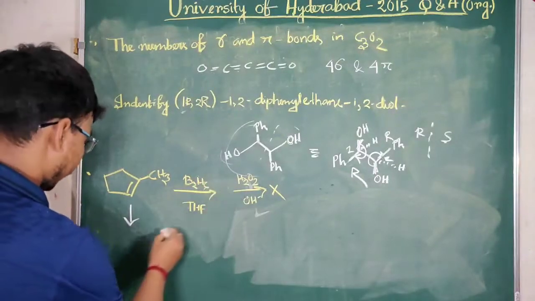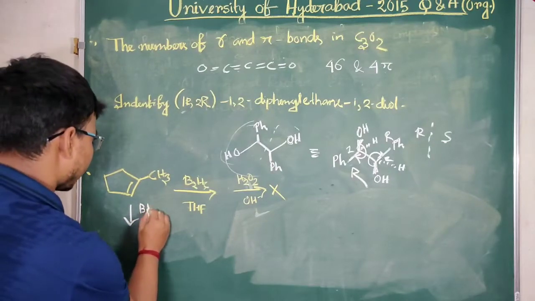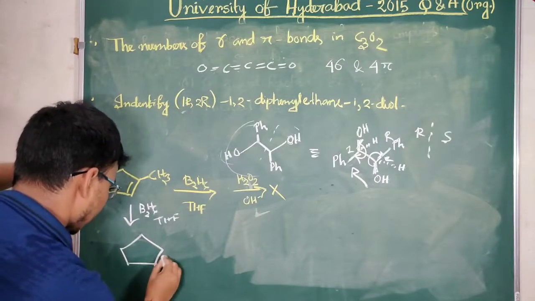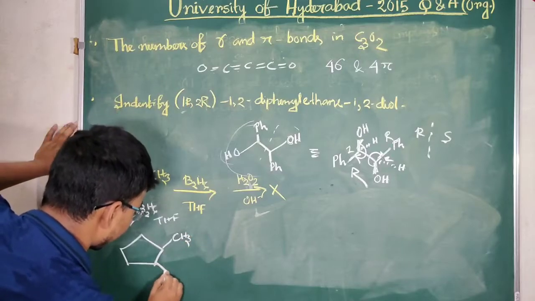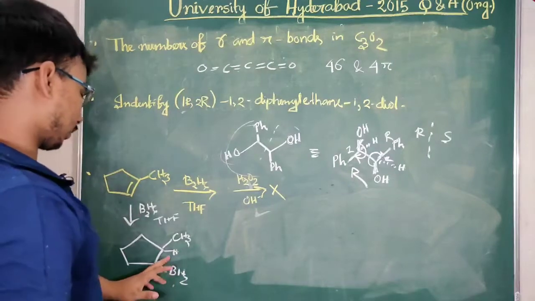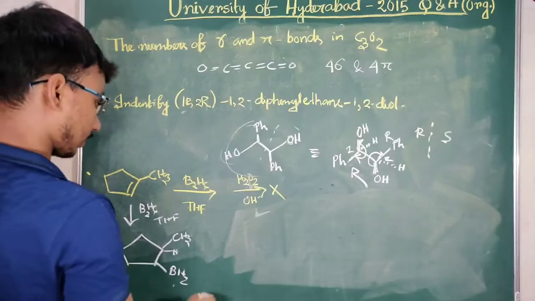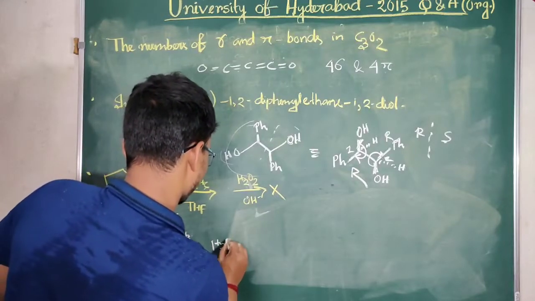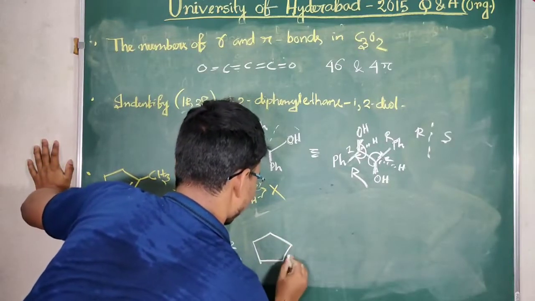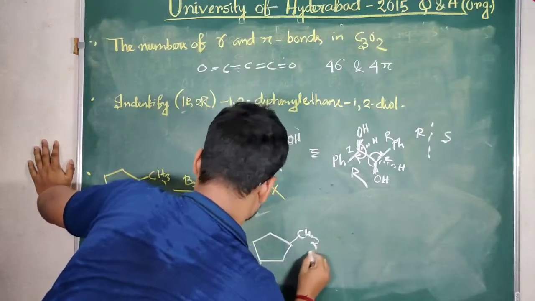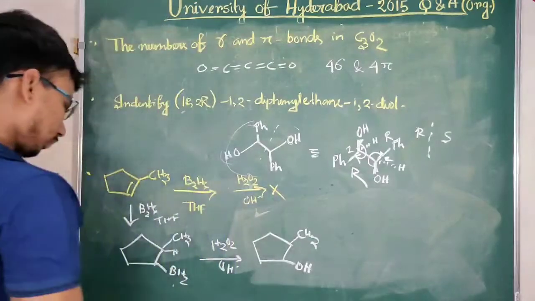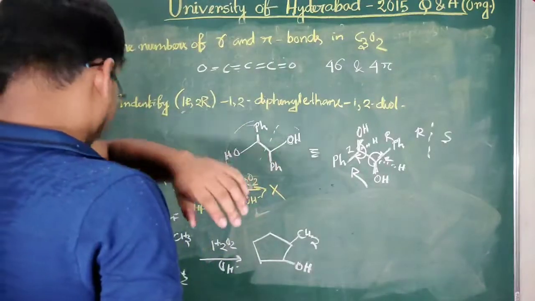What will form here after treating with B2H6 and THF? CH3 is here, so BH2 must be here and H is here. H and BH2 will add syn. After treating with H2O2, OH minus, BH2 turns into OH. That will be the answer.